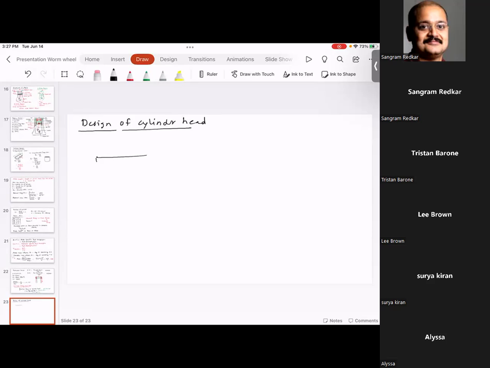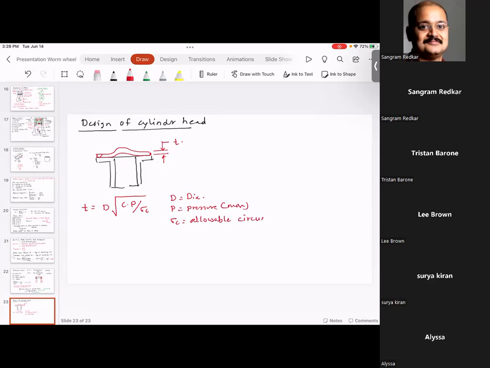So if you look at this cylinder, this is the thickness, and the equation is T is equal to D C times P divided by sigma C. D is equal to diameter, P is equal to pressure, which is maximum, sigma C is equal to allowable circumferential shear stress, which is typically 30 to 50 Newton per millimeter square, and C is a constant equal to 0.1.